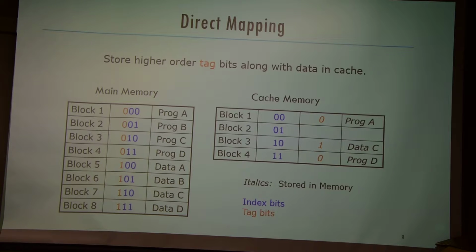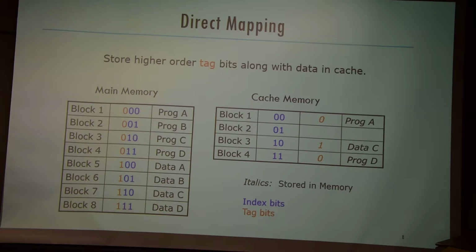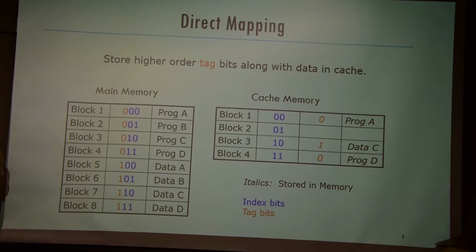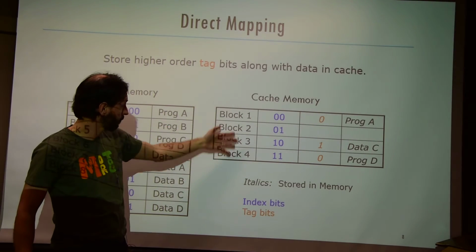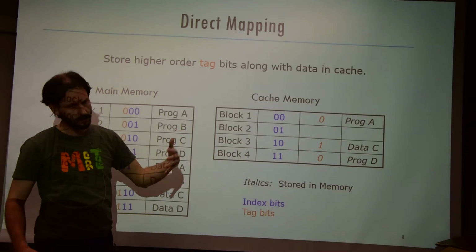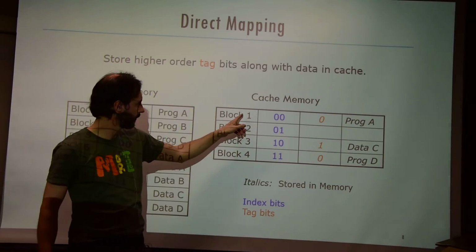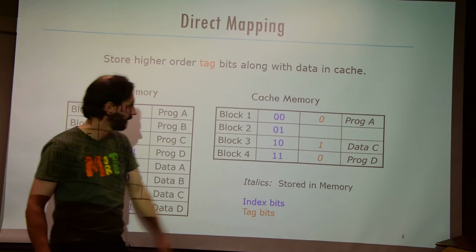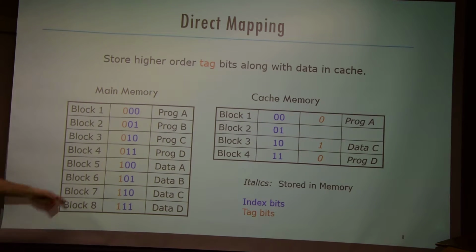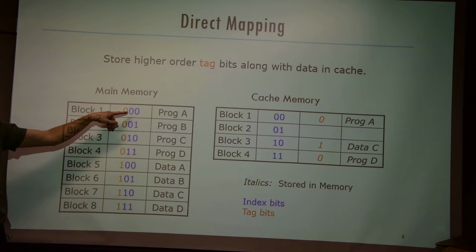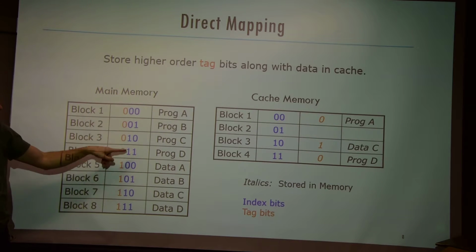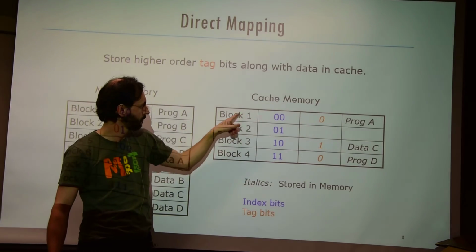Direct mapping. So what we now do is we store the higher order tag bits along with the data in the cache. So we effectively have a split into index bits as well as tag bits. We effectively have 4 possible blocks, but they are colored, if you will. So this one is called 00, 01, 10, and 11. And unfortunately, only those that have as address 00, like this one or that one, can be stored in block 1.